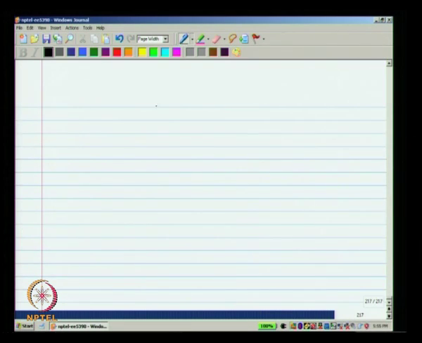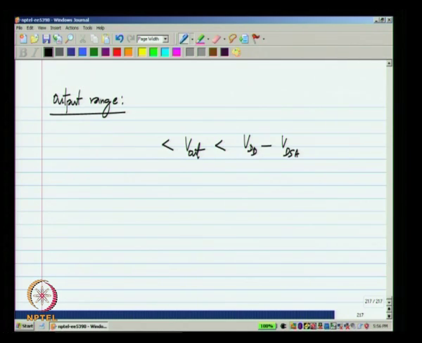So, let me rewrite them here. The output range is given by that and the input bias range or the input common mode range. V bias is nothing but the average value of the inputs, right.